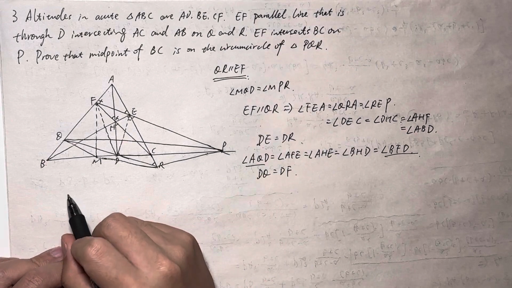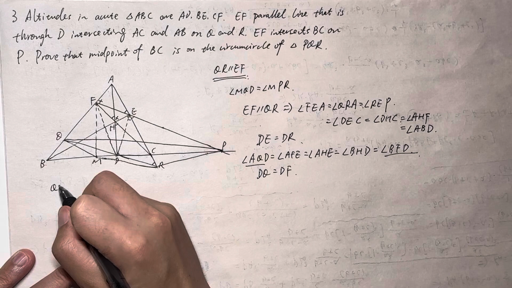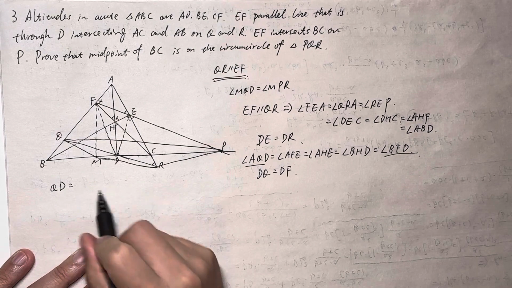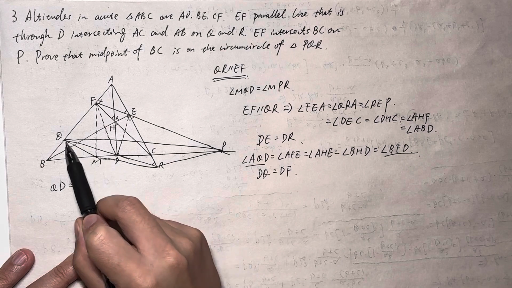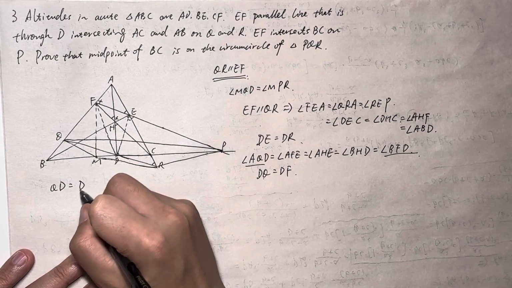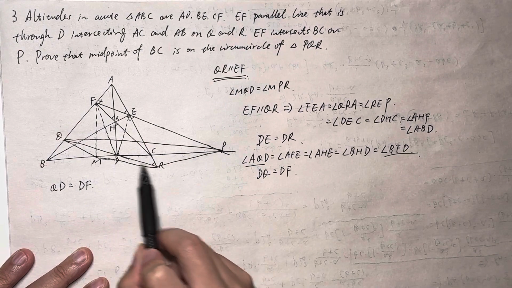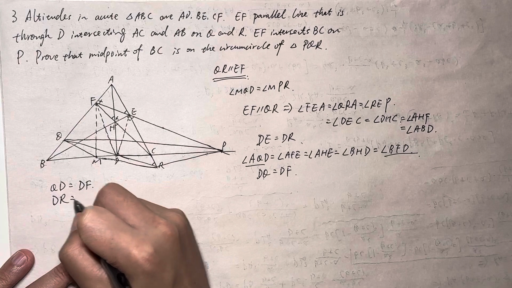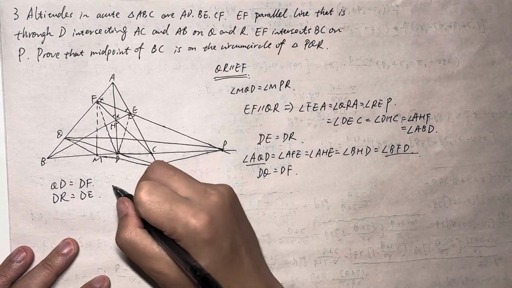So let's do that. We already have QD equals DF. And we also have DR equals DE, right?